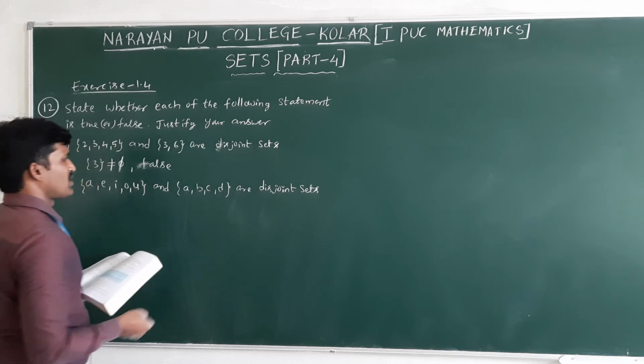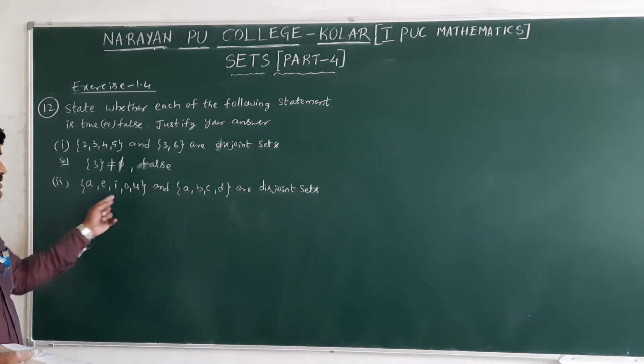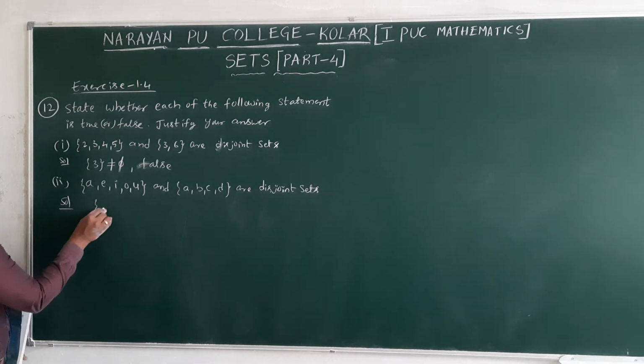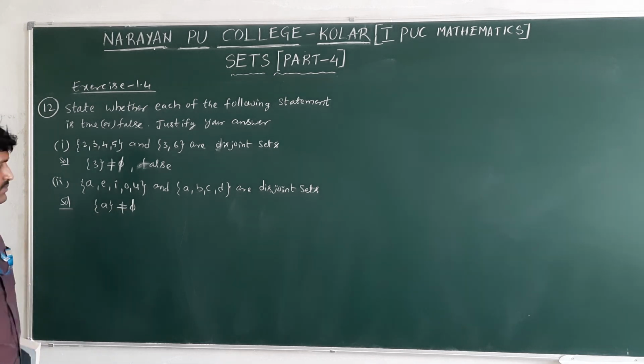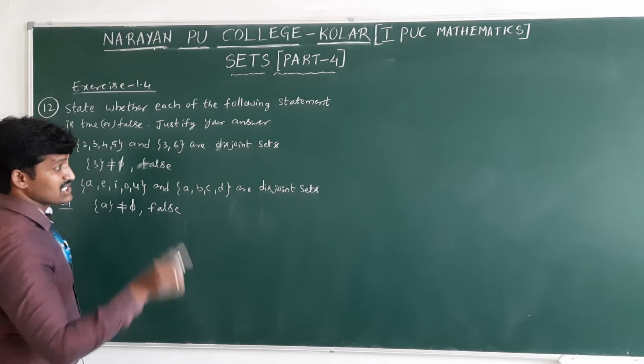Here also disjointness is not possible because in the intersection of these two, A is there, so a common element exists. That's why the intersection is not equal to phi. It is also a false statement, but they gave disjoint sets.